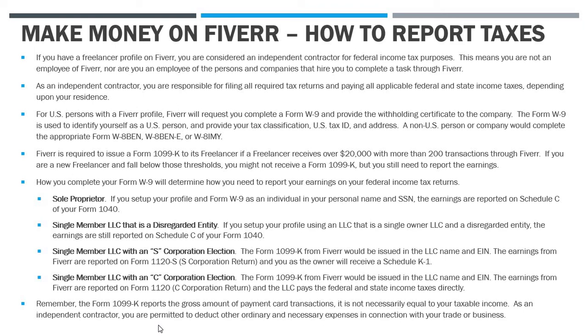That's what you pay tax on. So you get the 1099-K, make sure to report your gross income, whatever that appropriate number is, and then do not forget to include all your trade or business expenses and other deductions that you're allowed to take to reduce your taxable income. Okay, so that covers it for this video.